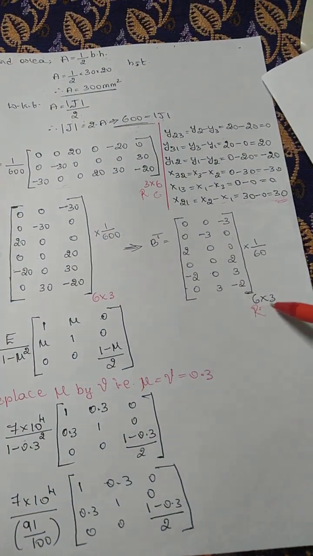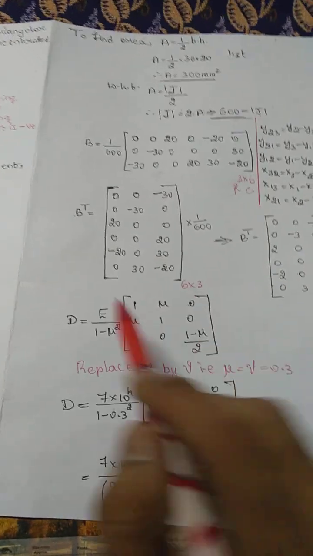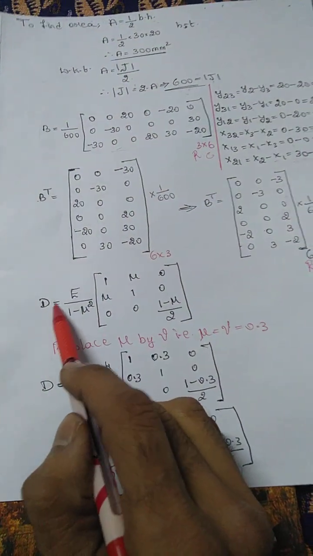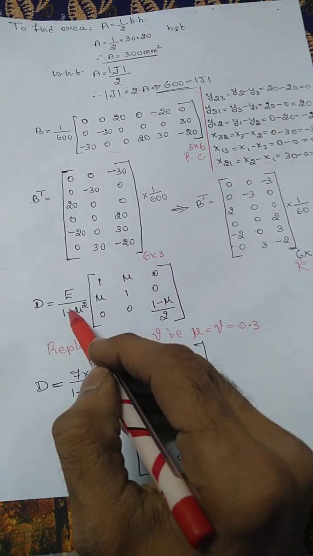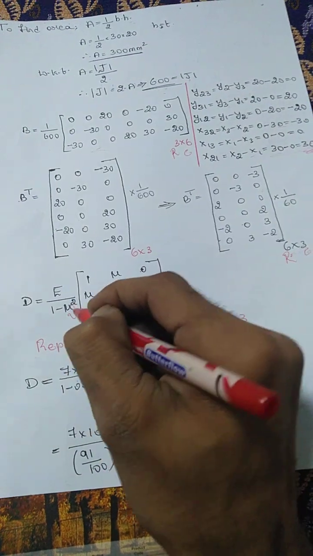This is the row and this is the column. Next, D is equal to E by 1 minus Poisson ratio squared, times the matrix.